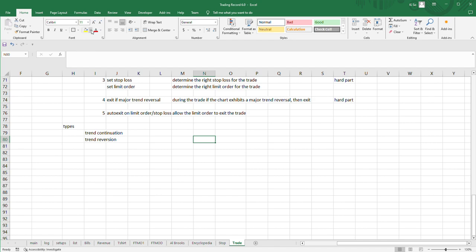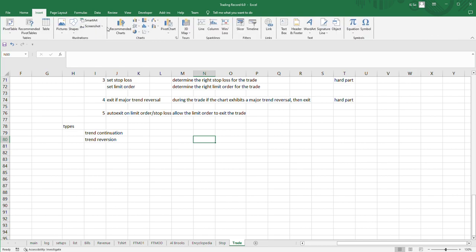Okay, so if I were to draw a shape, the first part is this, okay? The first part is the continuation.